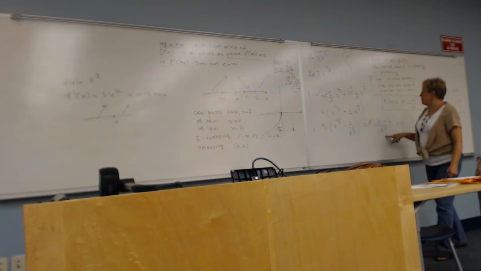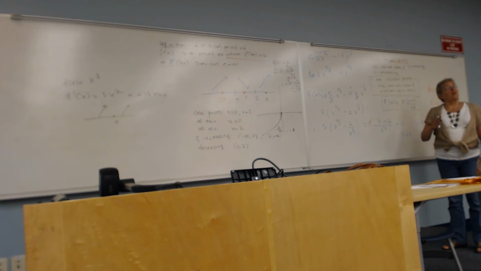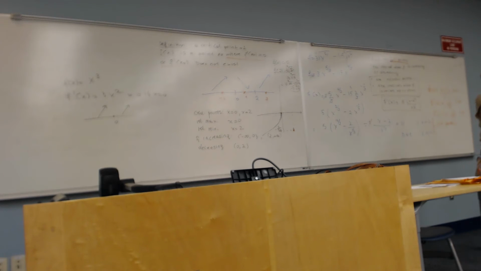The derivative means the slope of the tangent line, so at 0 there is no tangent line, there is no slope. When x approaches 0, the slope, which is the value of the derivative, is x minus 2 over x, so when x becomes really small, the value becomes really large.